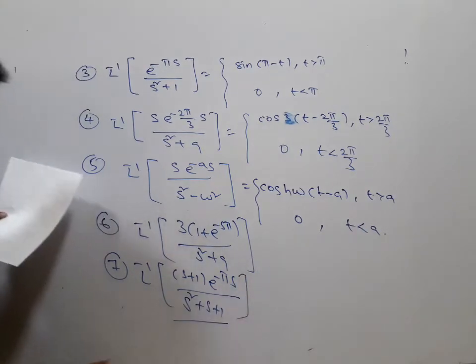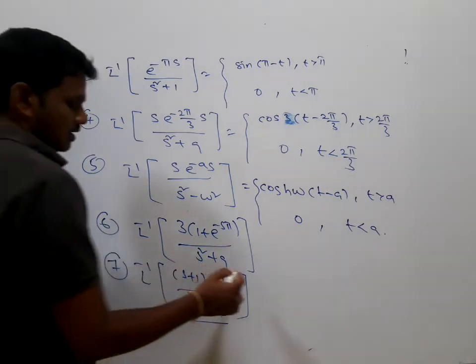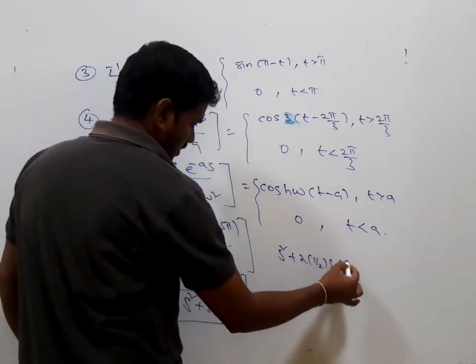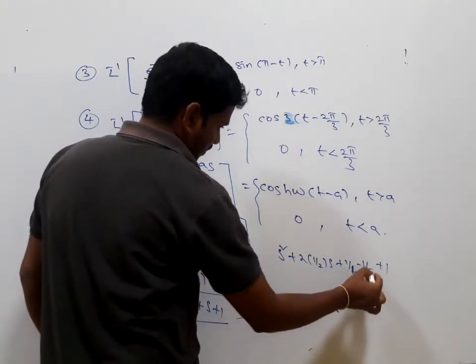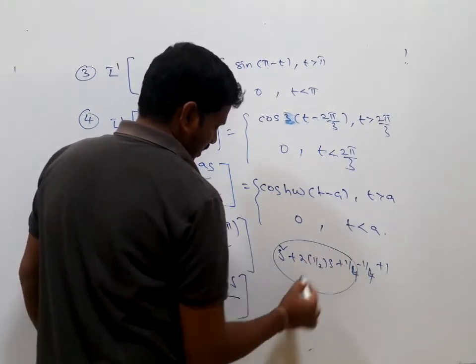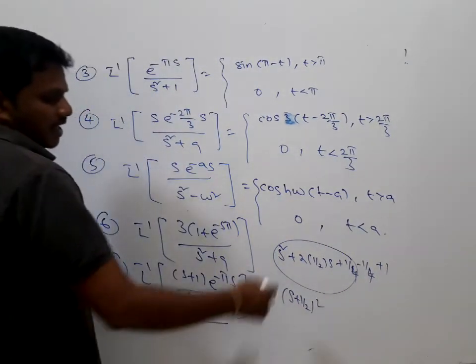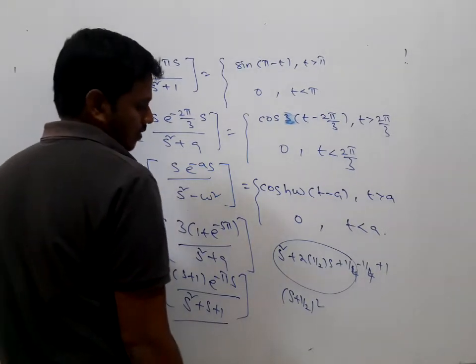As a denominator you may write 2 into 1 by 2 s, adding 1 by 2 and subtracting 1 by 2, and you will get the formula. Here s square plus 2 into 1 by 2 into s plus 1 by 2 minus 1 by 2 plus 1. So this is 1 by 4, 1 by 4. This is nothing but (s plus 1 by 2) whole square. Here it is minus 1 by 4 plus 1, it is minus 1 plus 4.